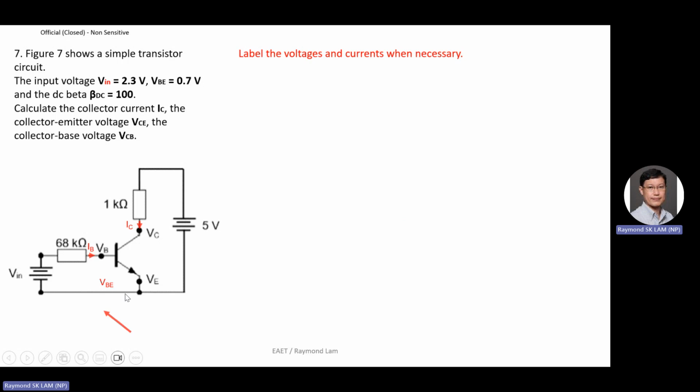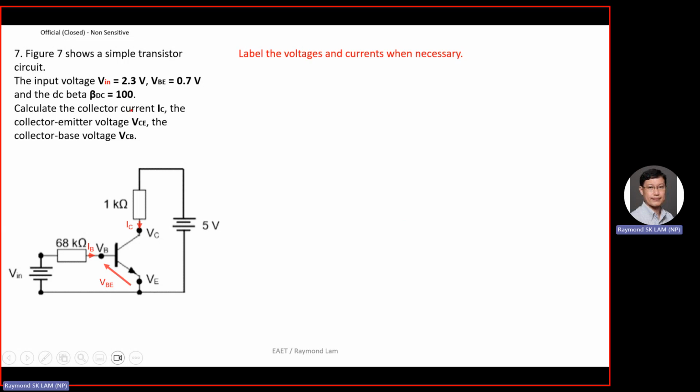And there is also a voltage called VBE. Do you see over here? VBE is given, right? So VBE is where? This is B, right? This terminal is called B. The other terminal is called E. So this is called VBE. If you learned VEEF last semester, voltage has 2 terminals, a positive side and a negative side.